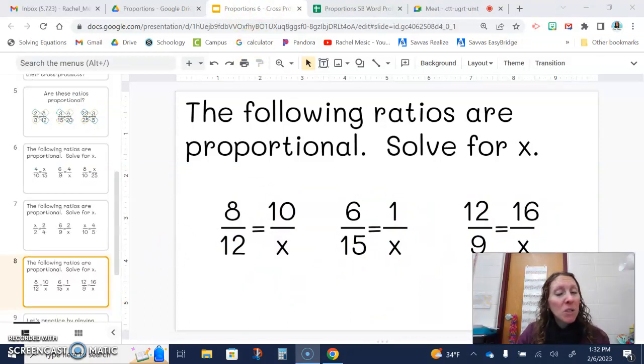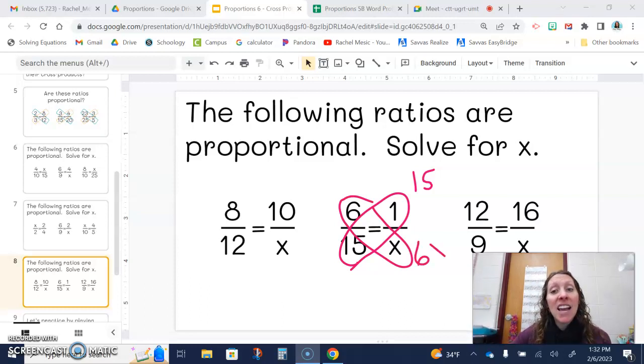Let's do one final one together because this one has a silly answer. So for this middle one here, if I did 15 times 1, I get 15. 6 times x is 6x. So 6 times some number is 15. And you're probably thinking, that's not possible. Well, it's okay if our answers are not an integer.